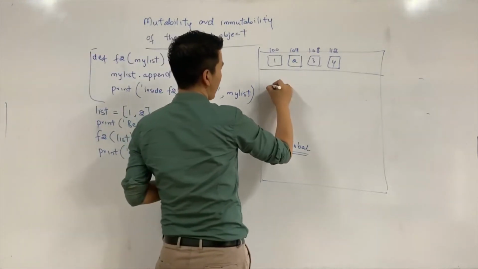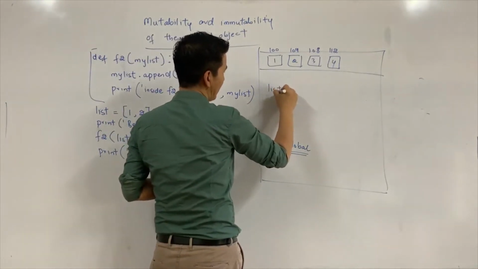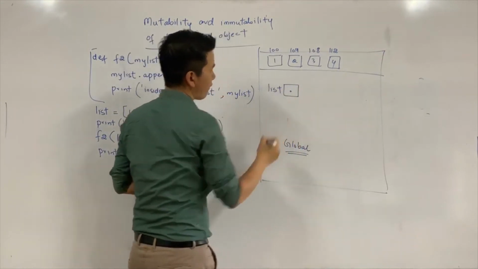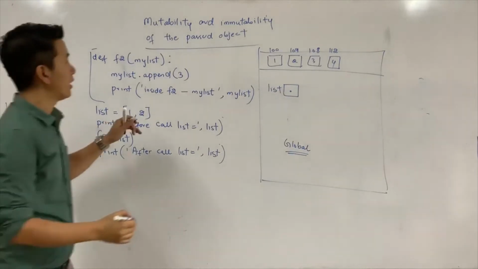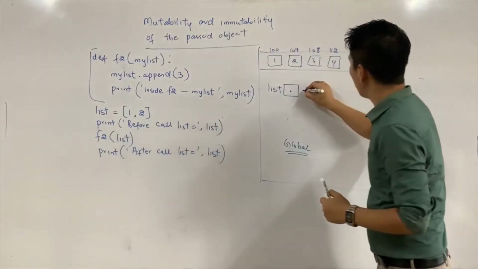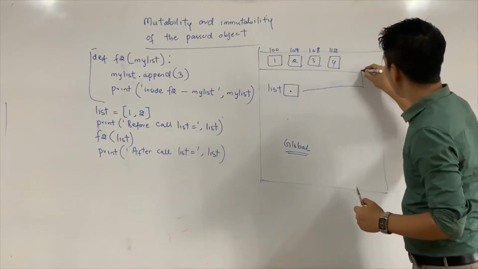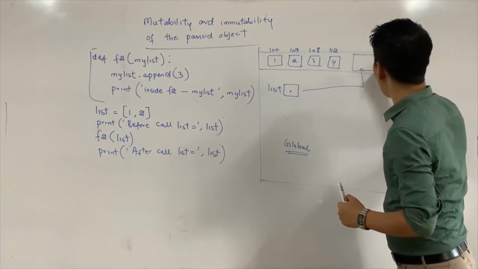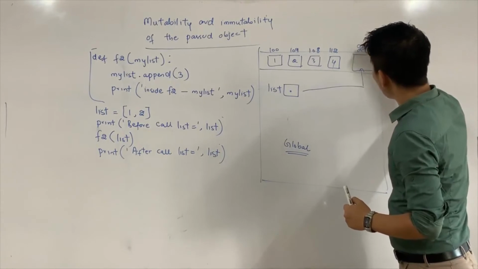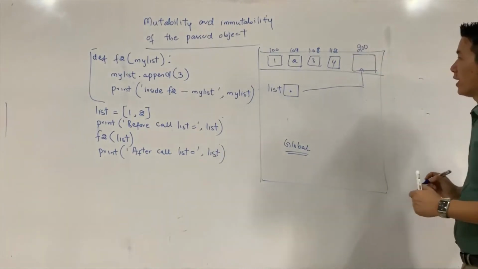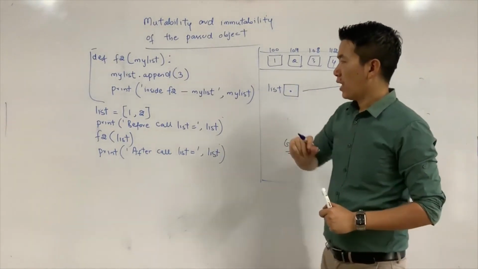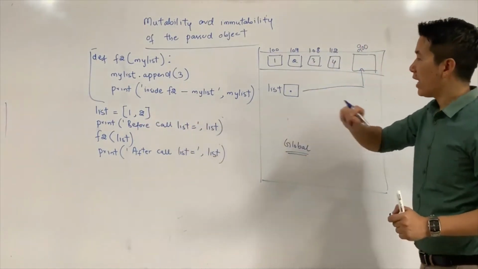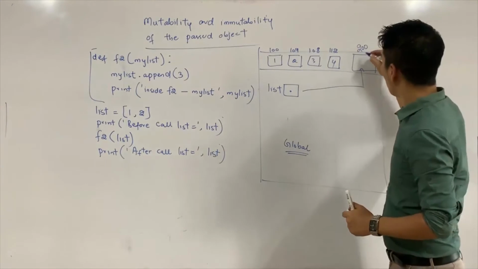This list will now refer to another address, let's say the address 200. And in this list, how many elements do I have? I have 2 elements, 1 and 2.